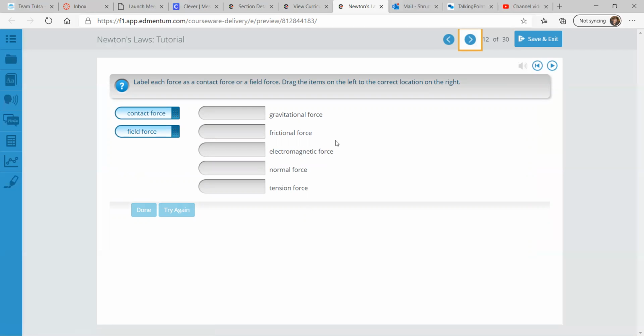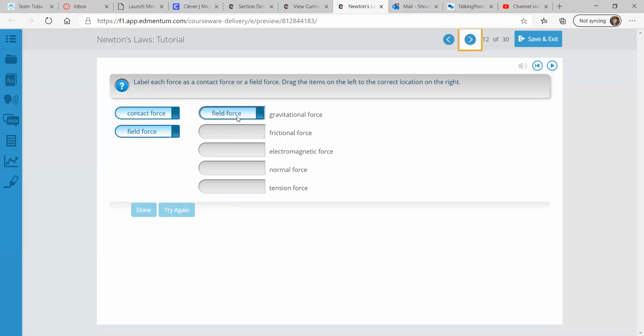So now we're going to label each as either contact or field. Contact means they have to be touching one another for it to work, and then for field force that is not necessary. They don't have to be touching.